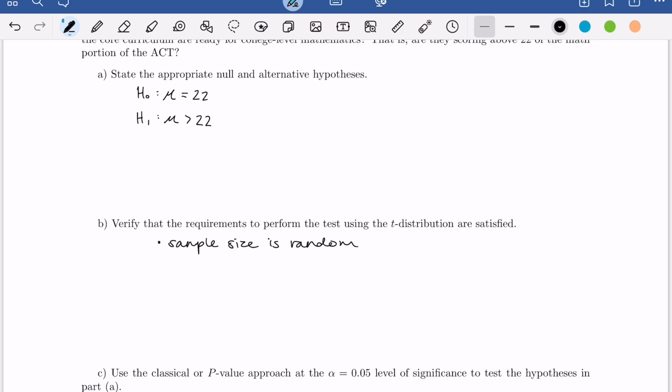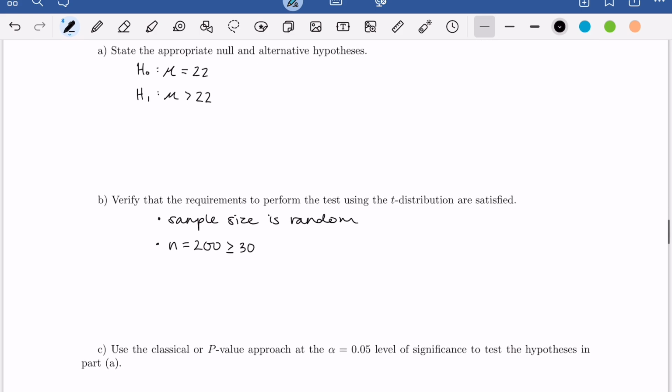We also have this, the sample size is 200, which is greater than, or at least 30. And then it's also reasonable to assume that the sampled values are independent. So I'll just state that. Reasonable to assume the sampled values are independent.